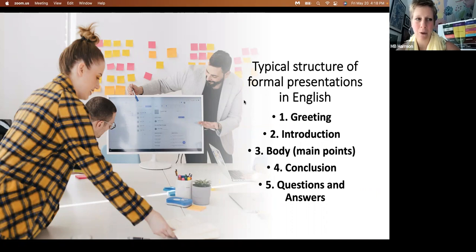Okay? Okay, so think about these 5 different points, these 5 different parts that you need to include in your presentation. All right? And what I'd like to do is go through each one and give you some language that you can use to practice, and give you some phrases that you might use when you're getting ready to give your presentation.